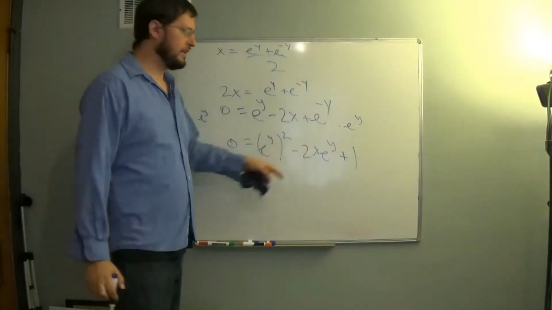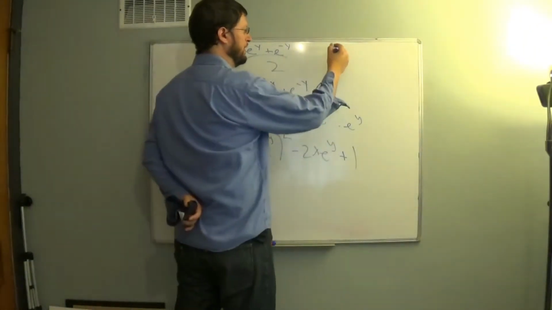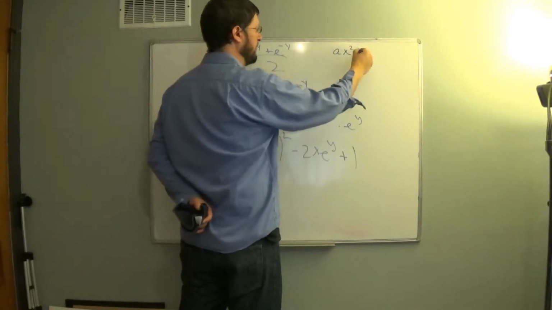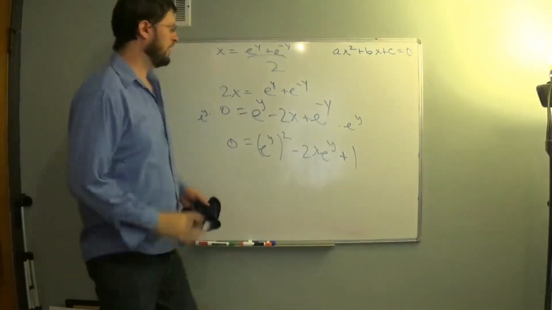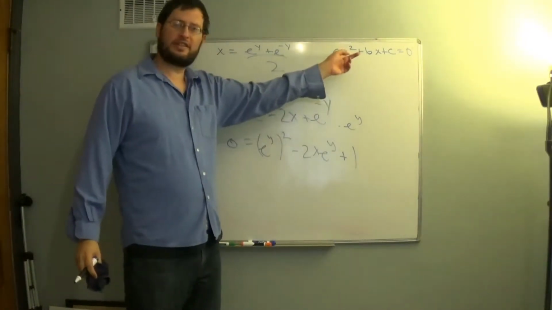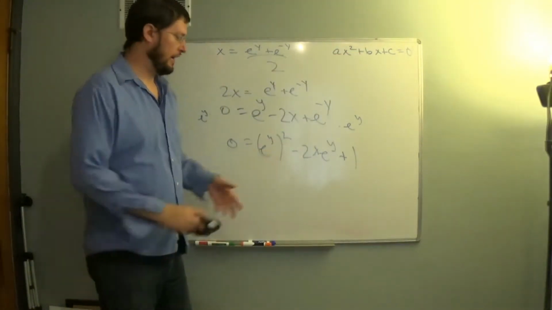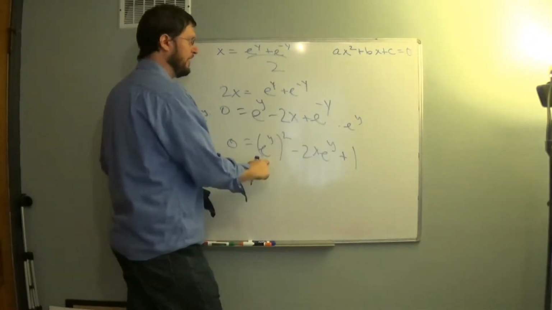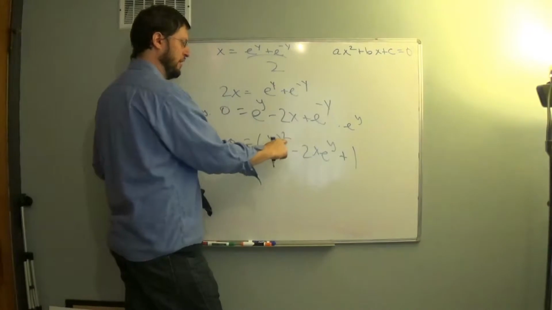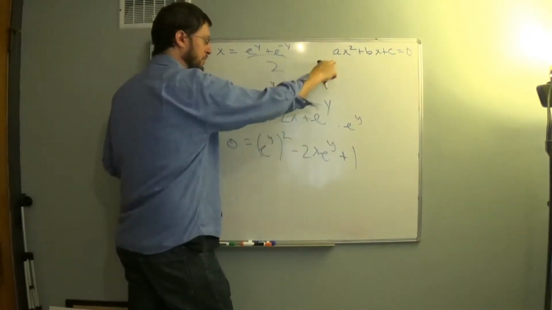Now we have to recognize this in an odd way as something that looks like ax squared plus bx plus c equals 0, where the x in this case is e to the y. So if I let x be e to the y, then x squared is e to the y squared, and a is equal to 1.